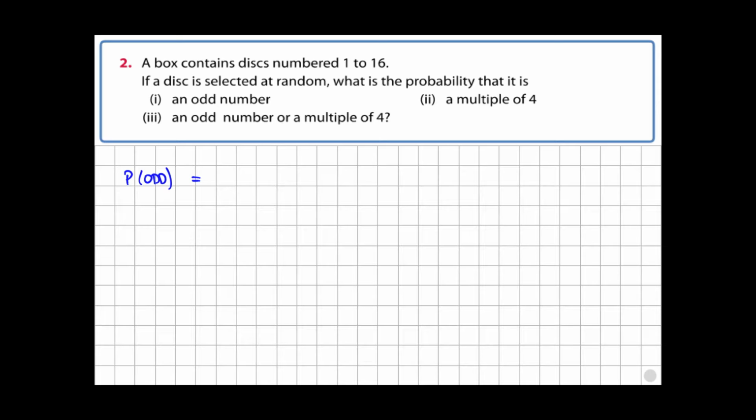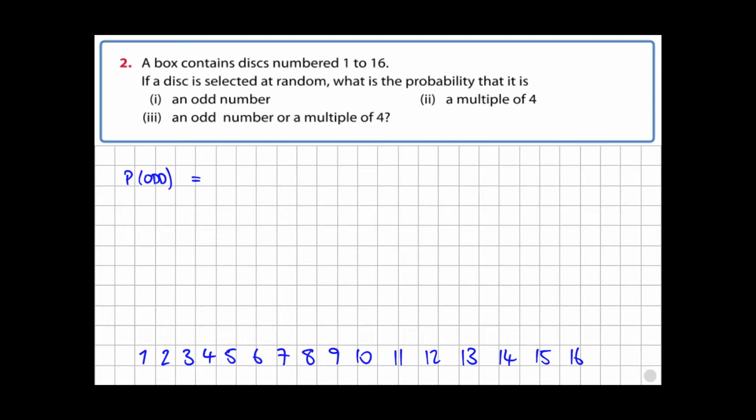So I'm actually going to just write them out for the sake of making this easy on ourselves, right? So we have the numbers 1 to 16. So 1, 2, 3, 4, 5, 6, 7, 8, 9, 10, 11, 12, 13, 14, 15, and 16. So this is just to make things easier for you to see when we're explaining it.